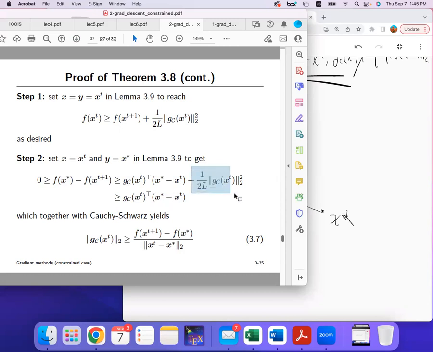And then I can simply drop this term because this is a positive term. So I can say greater than or equal to the dot product. Once I drop this positive term, for this dot product term, I can lower bound it using the Cauchy-Schwarz inequality. So in the end, the norm of this one can be controlled by the difference of function values. So this proves the second one.